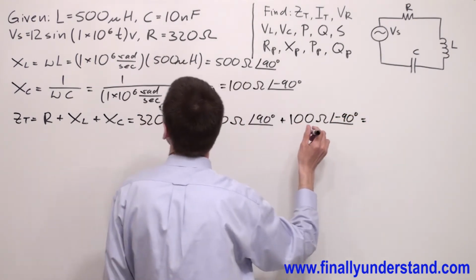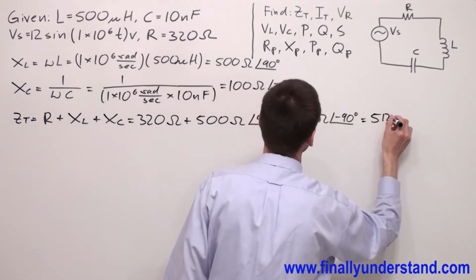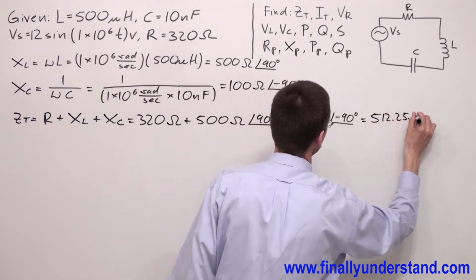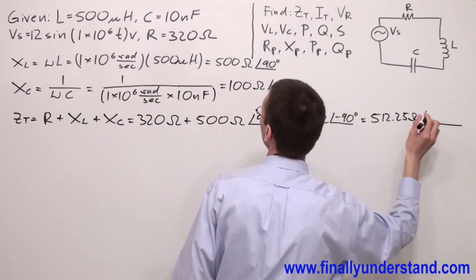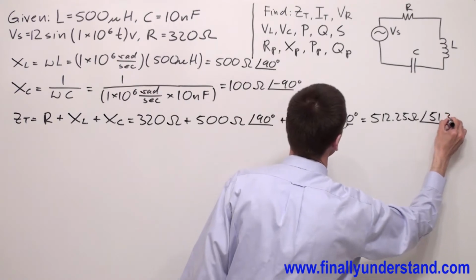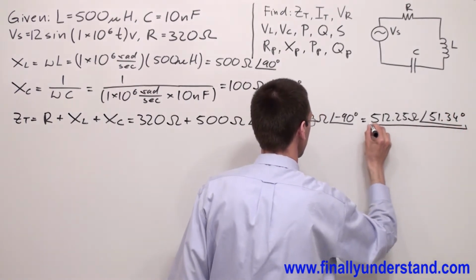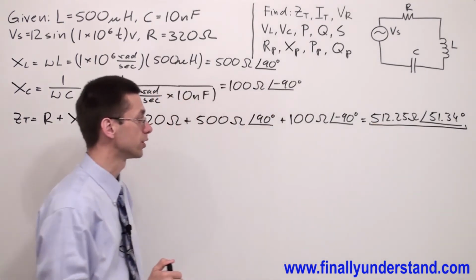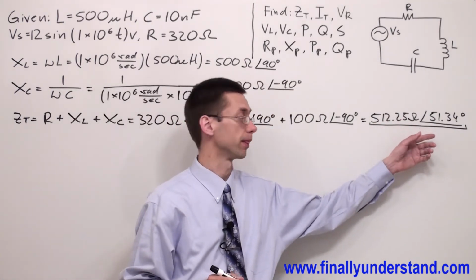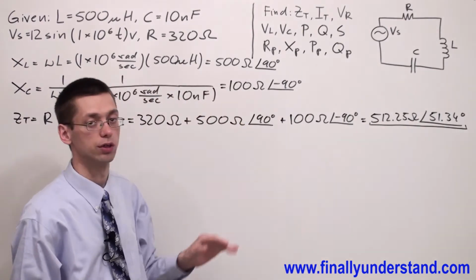This is equal to 512.25 ohms and angle of 51.34 degrees. Okay, so please notice that we got a positive angle, so it means that the impedance of the inductor is greater.